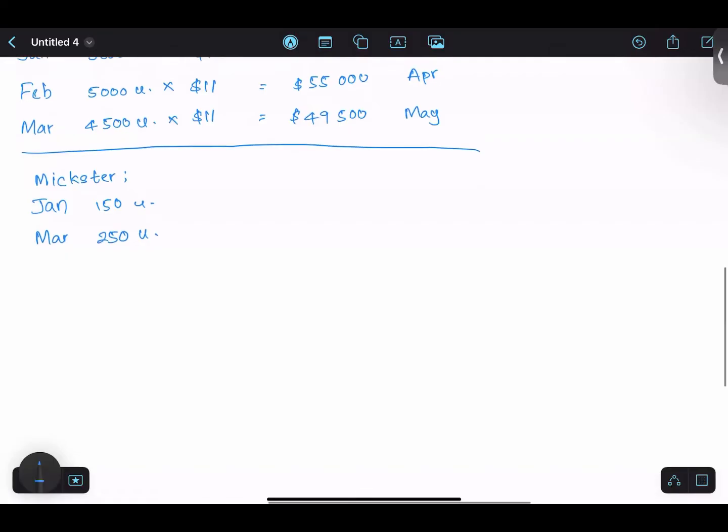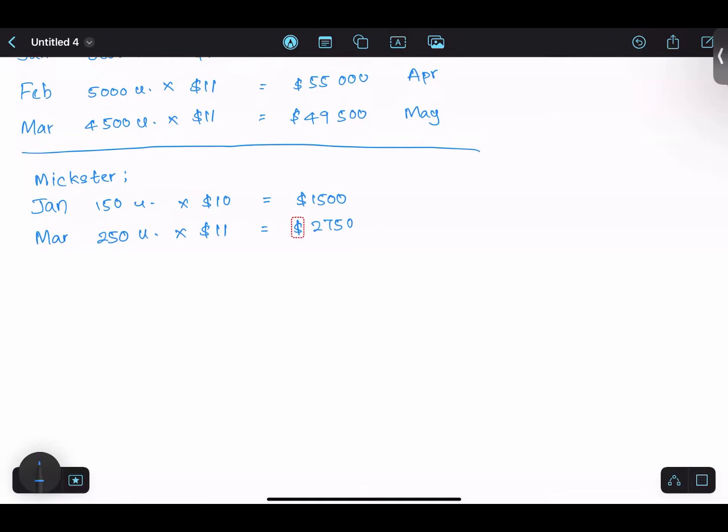In the month of January, the selling price per unit is $10, but in March, the selling price per unit is $11. So the total sales for the month of January will be 1,500, and for March will be 2,750.